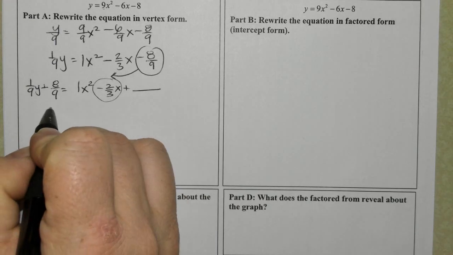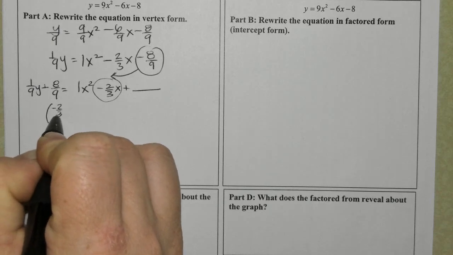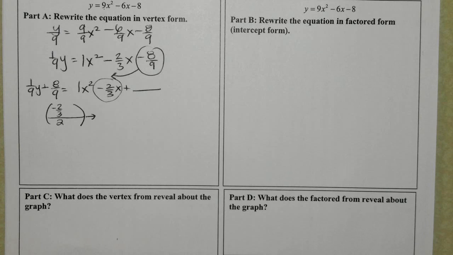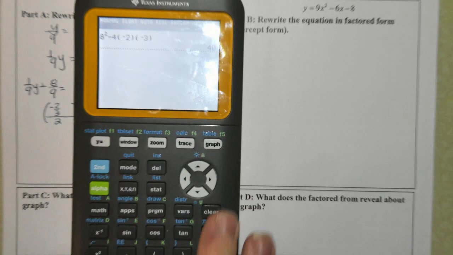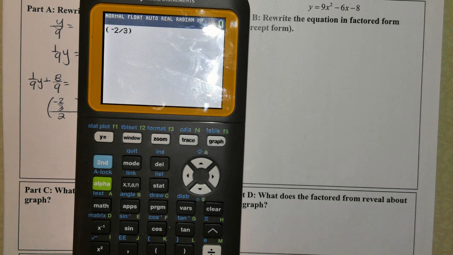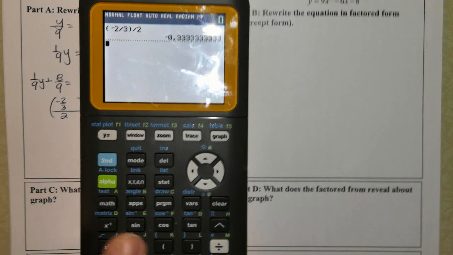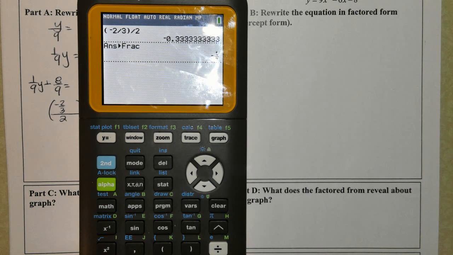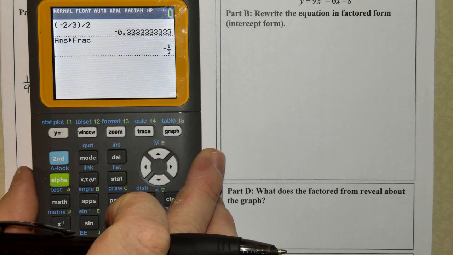Identify the b, -2/3, and we're going to divide it by 2. Grab that calculator. Put -2/3 in parentheses and divide it by 2. Turn it back into a fraction, and it equals -1/3.